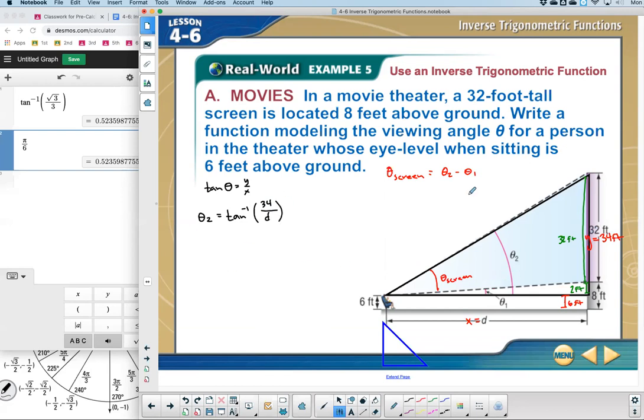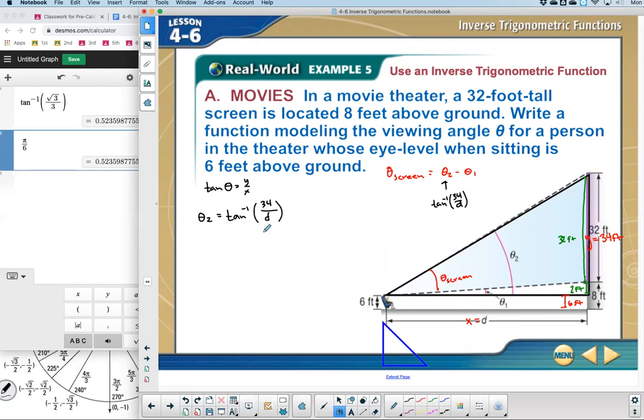So there's part 1. I've now solved for theta 2. Theta 2 is whatever tangent inverse of 34 divided by d would be, which we don't know because we don't know the distance. We don't know how far we're sitting from the screen.